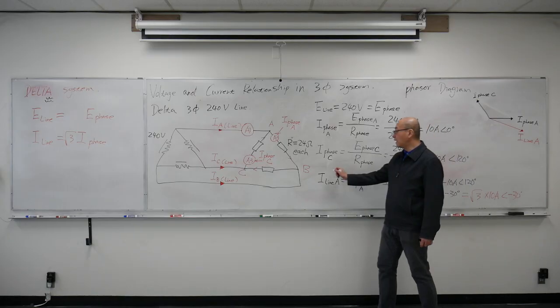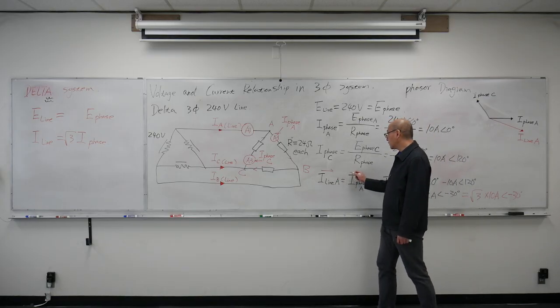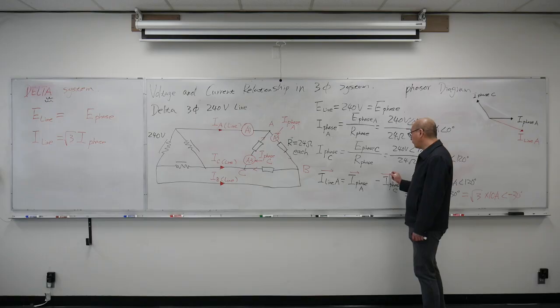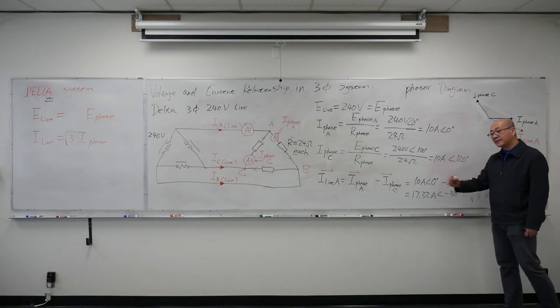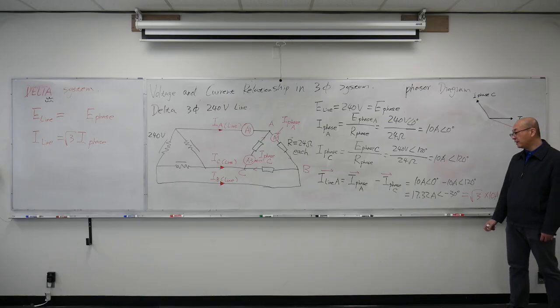These currents are all vectors, so we have to use vectors to do those calculations. Phase A, 10 amps at 0 degrees. Phase C, 10 amps at 120 degrees.